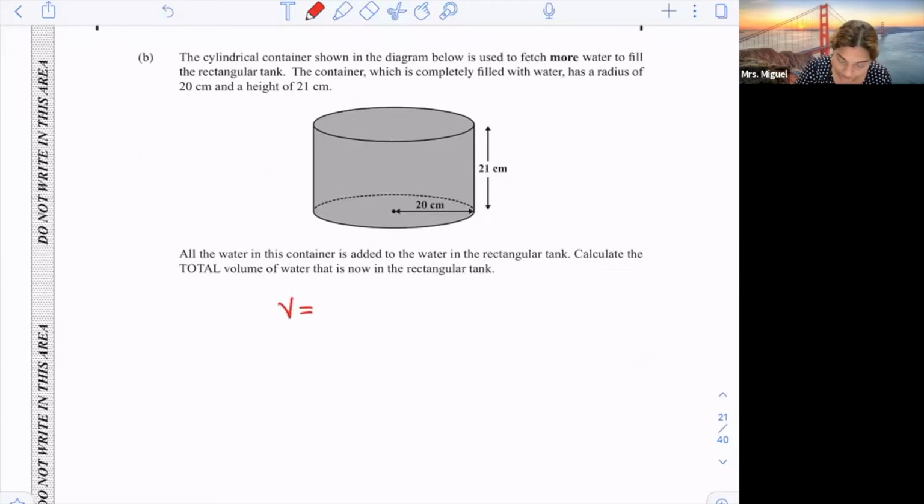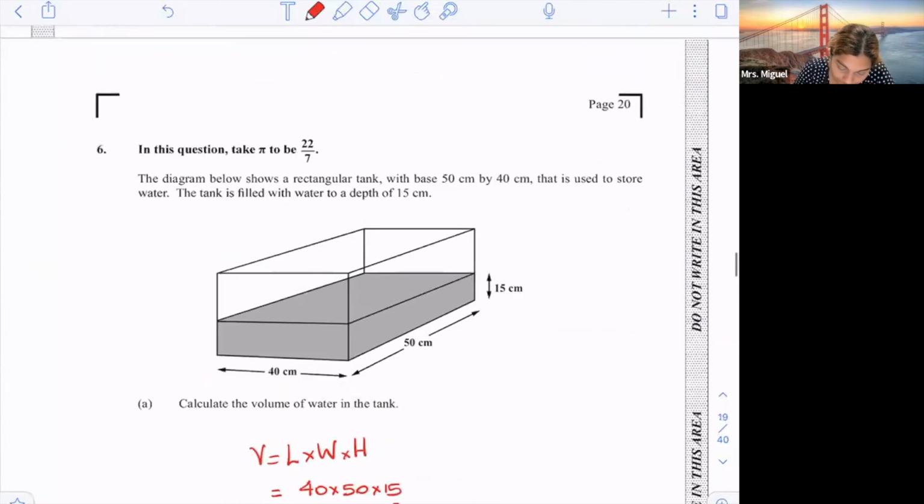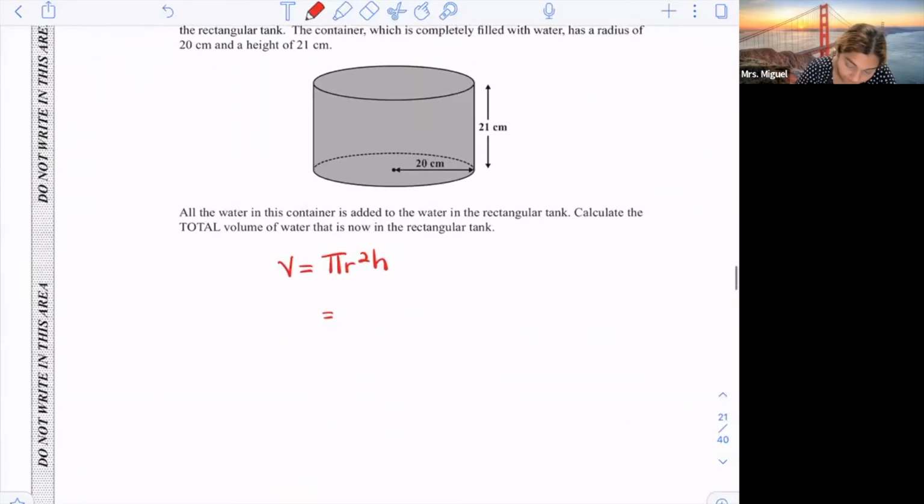The cross-section is a circle, so it is pi r squared h. So work on that for me. They told you in the question to use pi as 22/7, so we're going to use that.